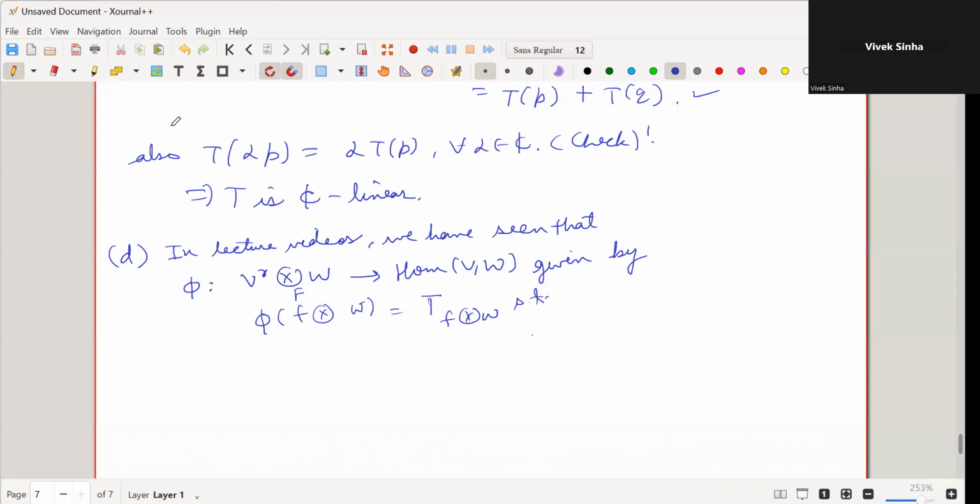So it will map an element of V to W, such that T of f tensor w over v is nothing but f(v)w. So f(v), this is a map from V to F, right? So f belongs to V star, this is inside F, and w is inside W, so this will be inside W. So there is no issue. Okay, so this map given by this is an isomorphism that was seen in the class.